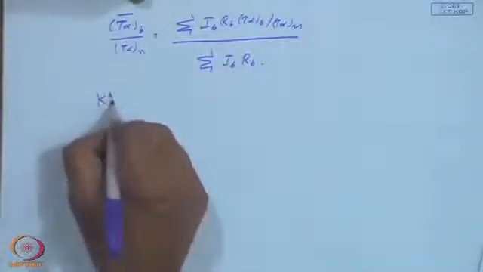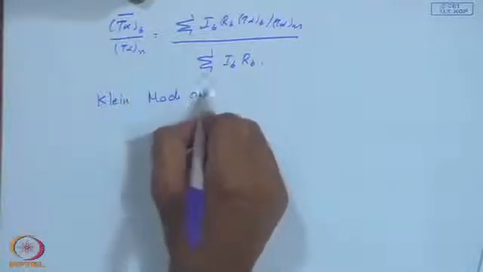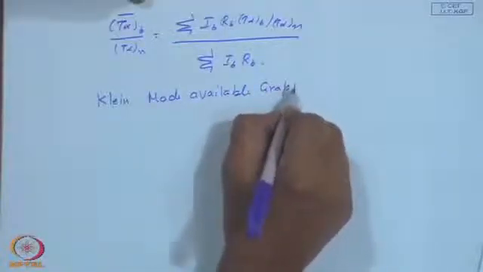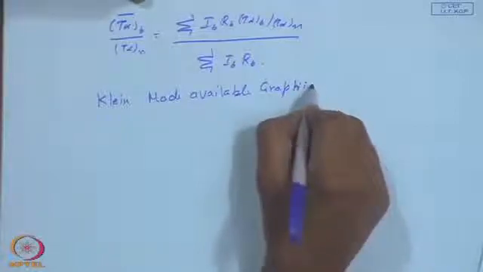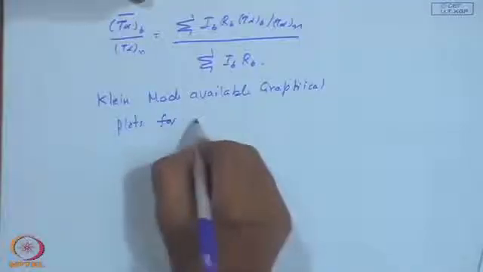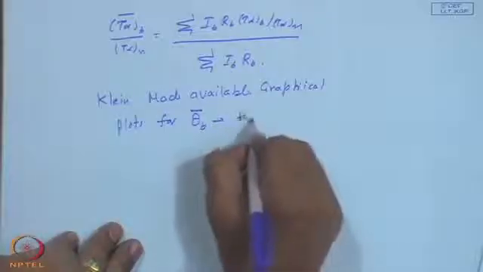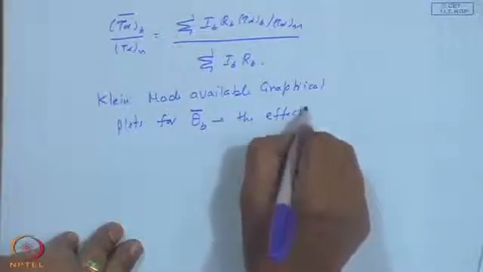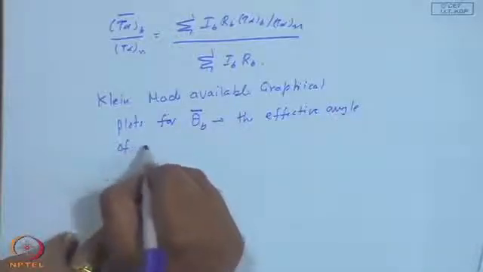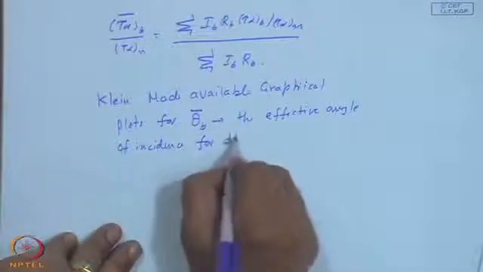So, Klein made available graphical plots for theta b bar, the effective angle of incidence for direct radiation.